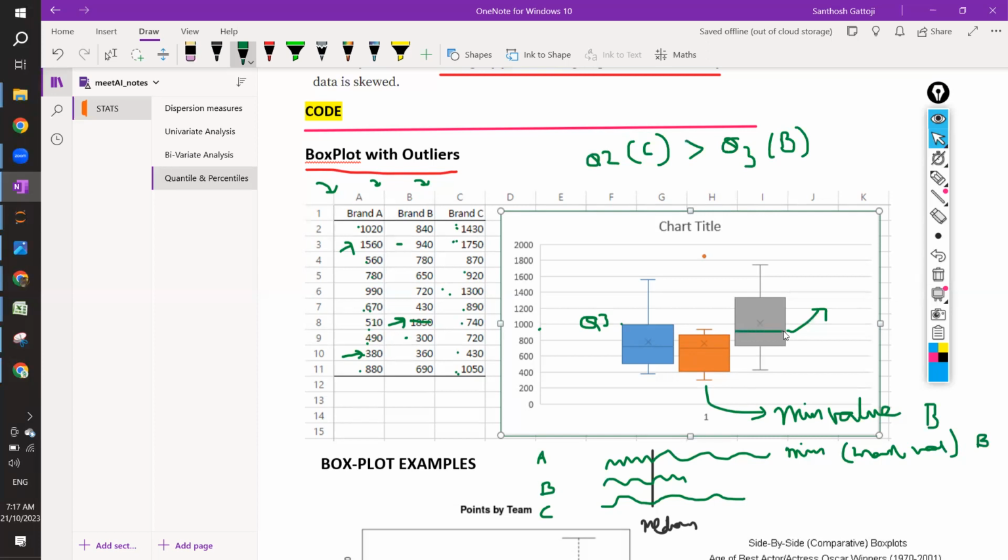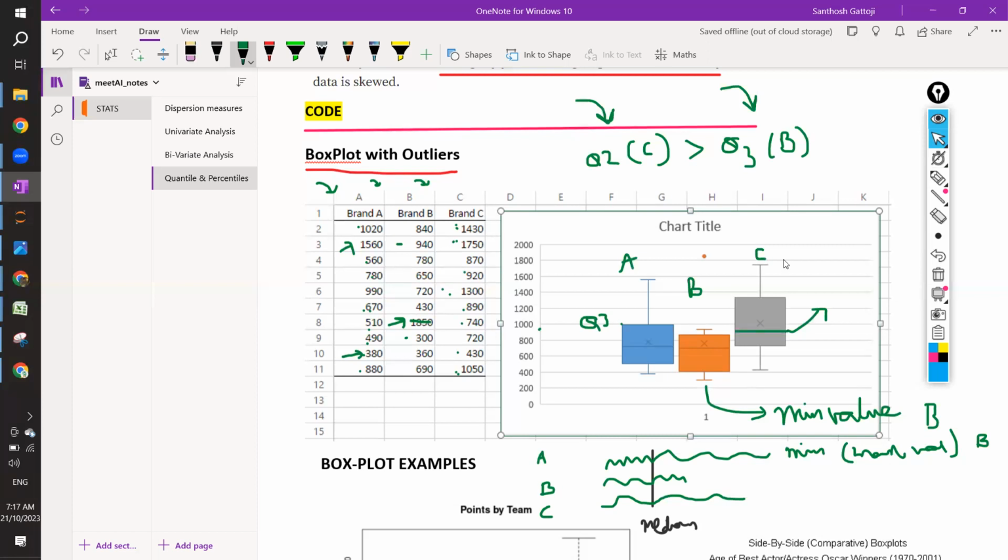This is a median, agree? This is A, this is B, this is C. So Q2 of C is greater than Q3 of B. Okay, that means the median of column C is greater than the 75th percentile of column B.